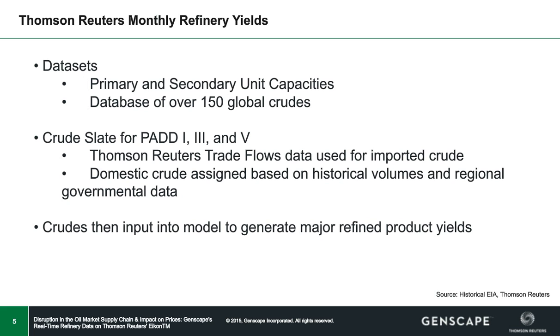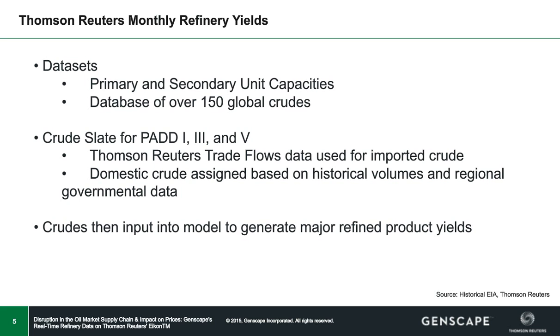This is a report that we've been publishing since early this year, and it covers major refined product yields for the East Coast, Gulf Coast, and West Coast of the U.S. To calculate these yields for our monthly report, we use a database of primary and secondary refinery unit capacities, as well as a database of over 150 global crude oil assays.